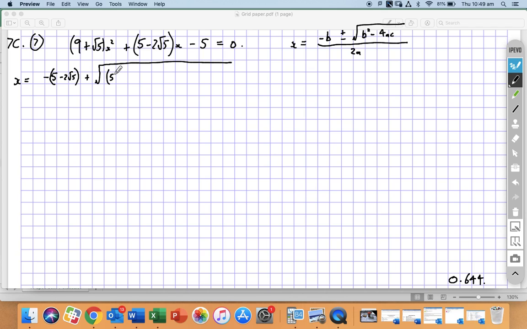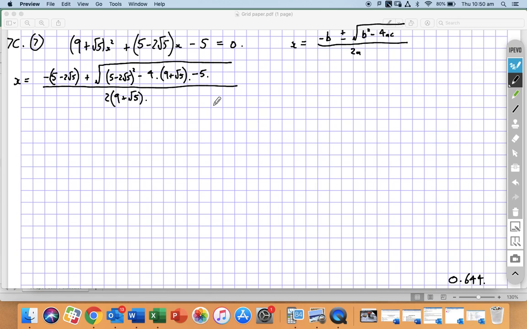So we're going to have (5 − 2√5) all squared minus 4 times the a term, which is (9 + √5), times the c, which is minus 5. And that's all going to be divided by 2a. So 2a is 2 brackets 9 plus root 5.